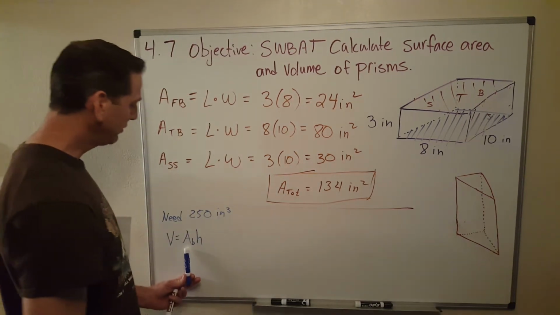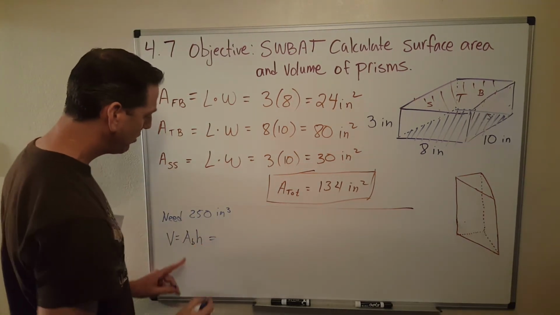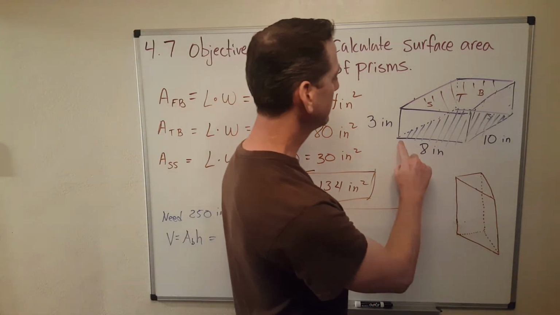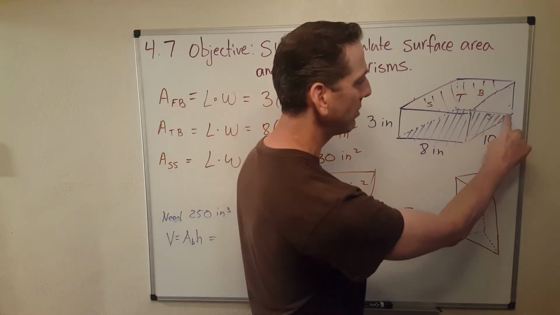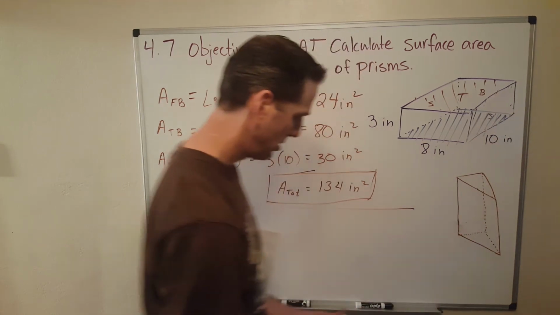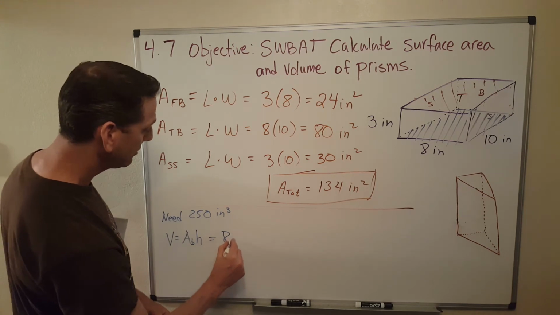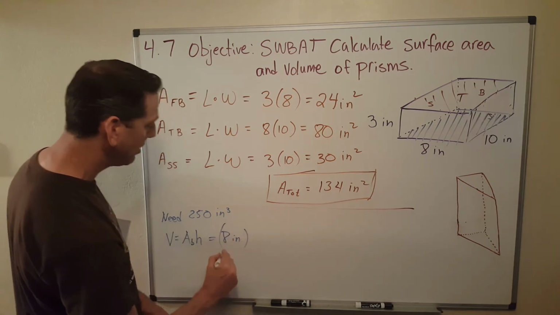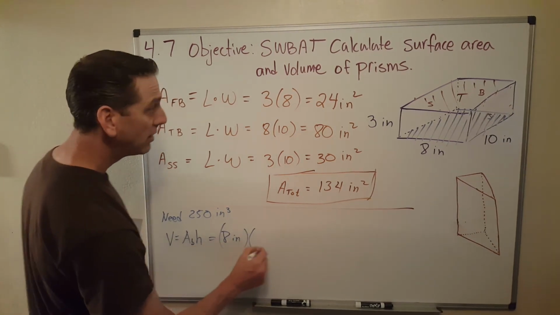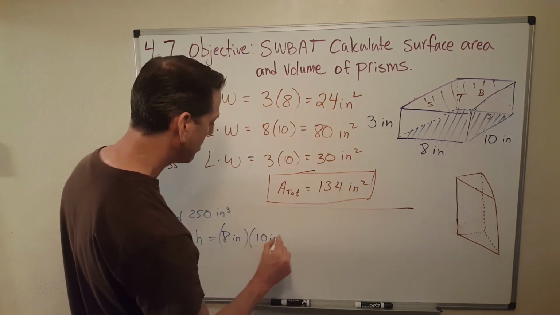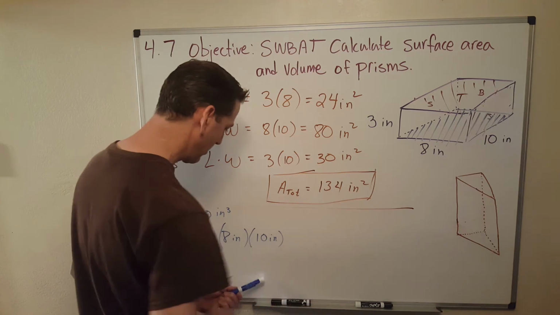All right, so let's take a look here. What is the area of my base? Well, it's just going to be an 8 by 10, correct? 8 by 10. So I'll go ahead and put the units in for this one. 8 inches times 10 inches.